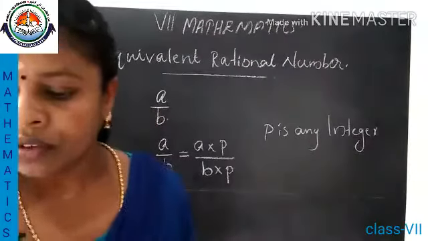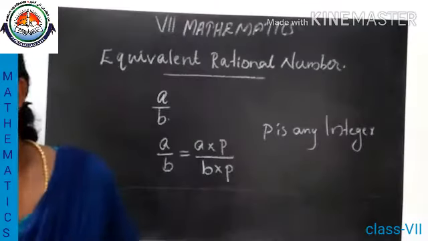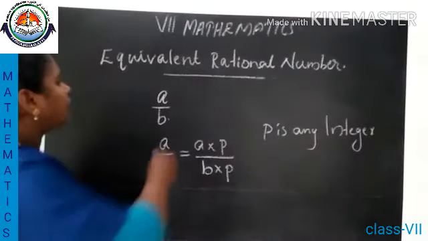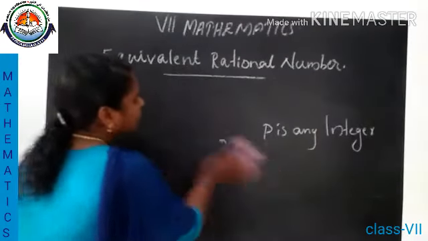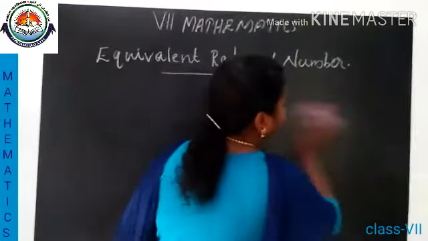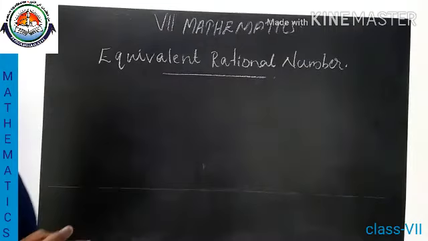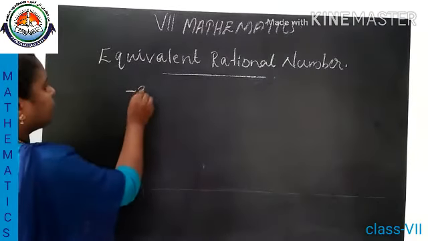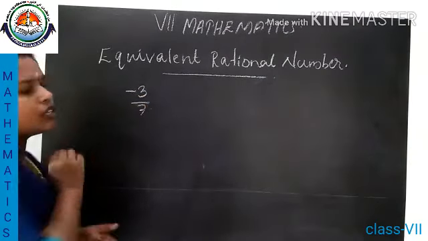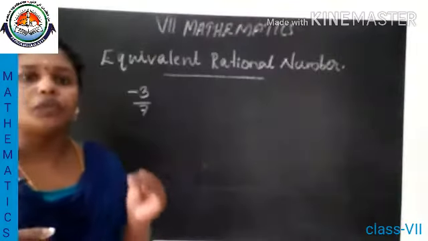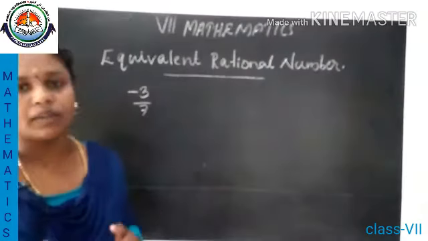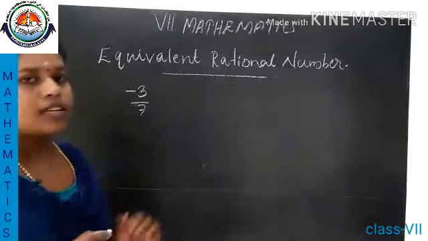Suppose we need to find an equivalent rational number for a given rational number. We can take the rational number negative 3 by 7. We need to write two equivalent rational numbers for it.